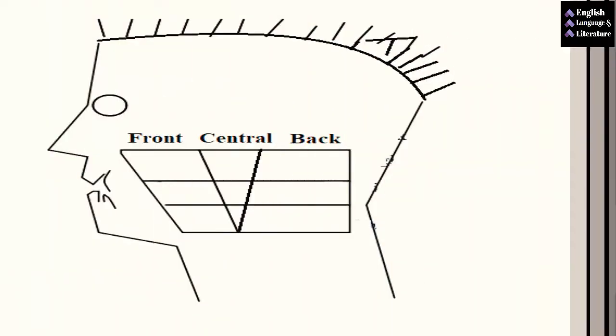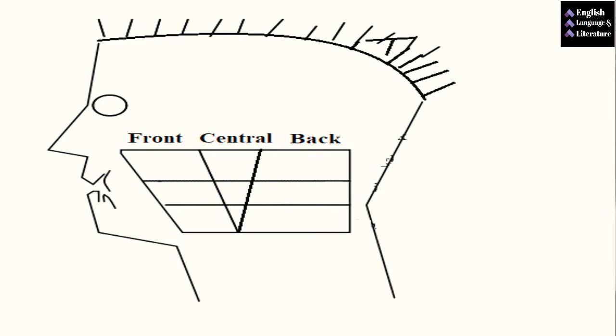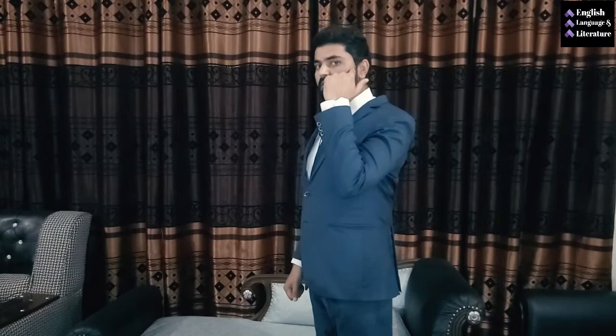If we talk about the classification of vowels, there are front vowels, central vowels, and back vowels. Let's have a look at this picture. In this picture you can find the gap between the roof of the mouth and the floor of the mouth where the tongue is placed.